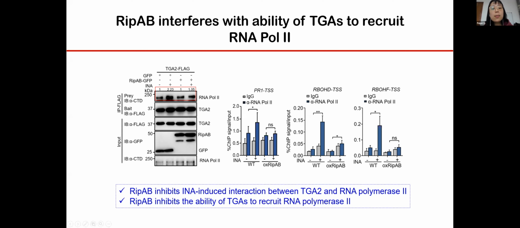And we found that RipAB could inhibit the induced interaction between TGA2 and RNAPII with the protoplast Co-IP assay. And we also found the induced enrichment of RNAPII to the TGA target promoters was also compromised in the presence of RipAB.